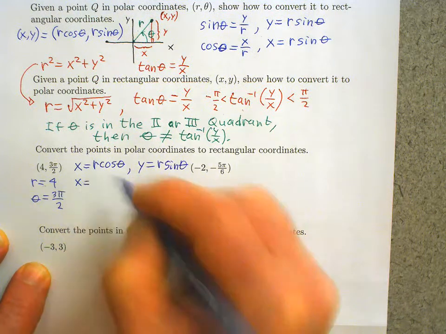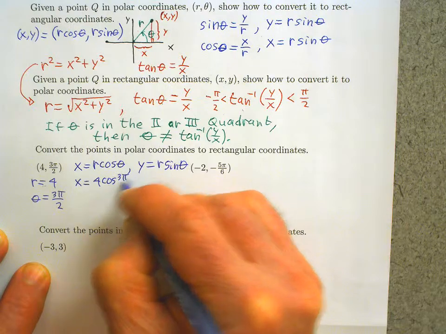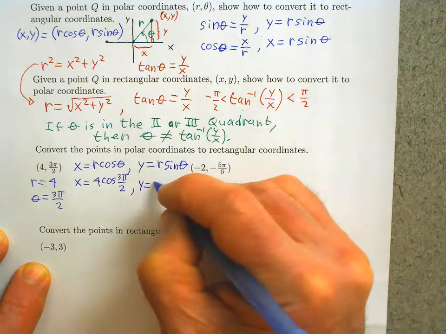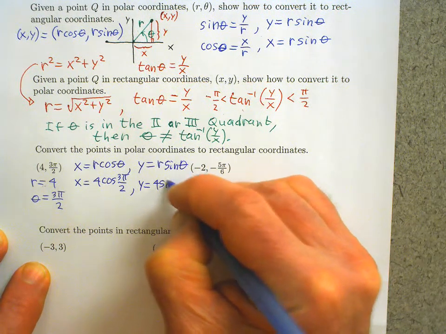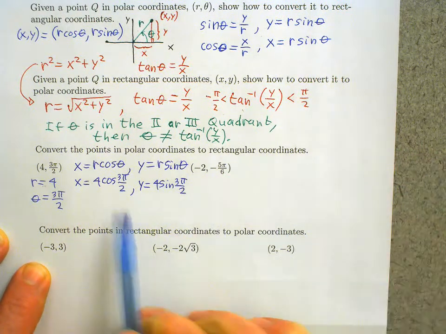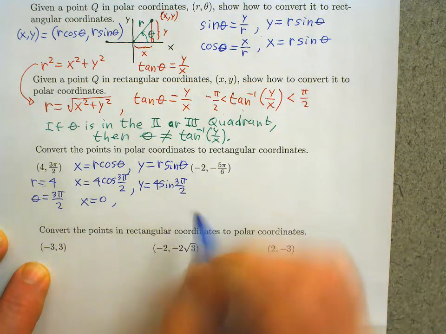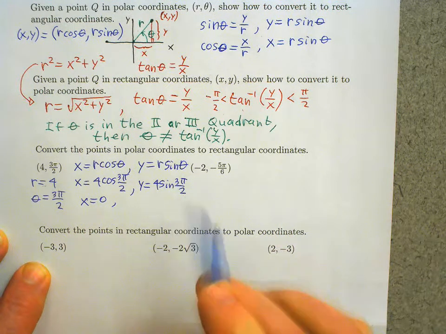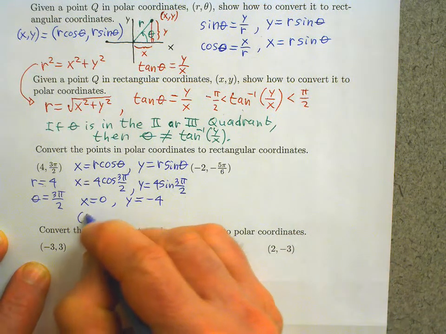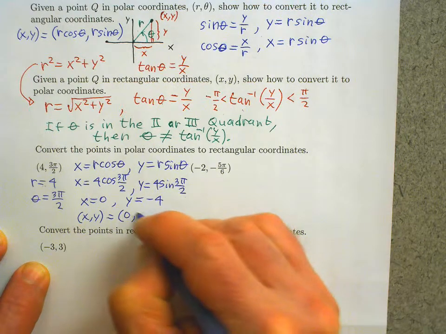So x is 4 times cosine of 3 pi over 2, and y is 4 times the sine of 3 pi over 2. Cosine of 3 pi over 2 is 0, so the x-coordinate is 0. Sine of 3 pi over 2 is -1, so the y-coordinate is -4. So the xy coordinates are 0 and -4 for x and y.